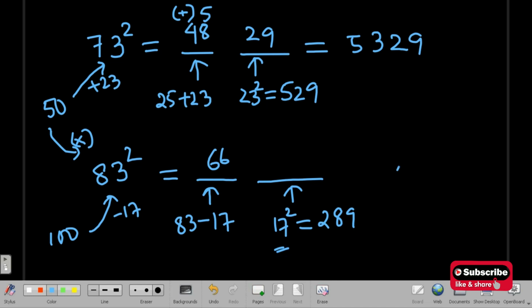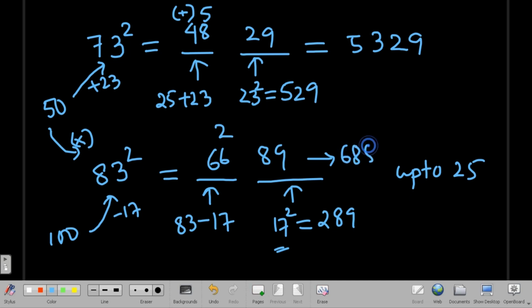As I have said, you have to remember squares up to 25 in order to calculate fast. So 289 will be written here, and the answer is going to be 6889. Right. So 6889.